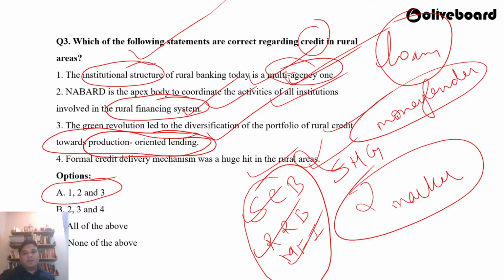Why? Because the farmers and the people employed in the agrarian sector are more comfortable with the traditional money lender of the society, right? And of course, they have a huge paranoia regarding paperwork when they have to visit these organized institutions, right? So option number 4 is incorrect. Therefore option A is correct.